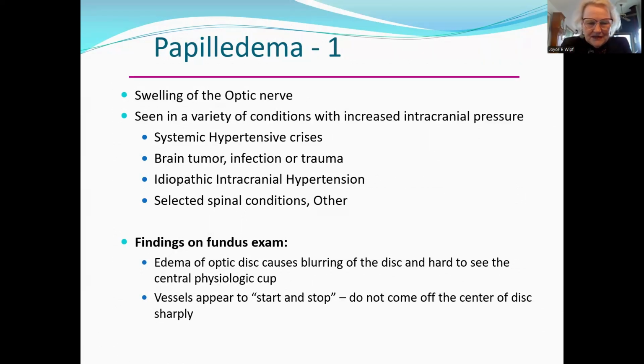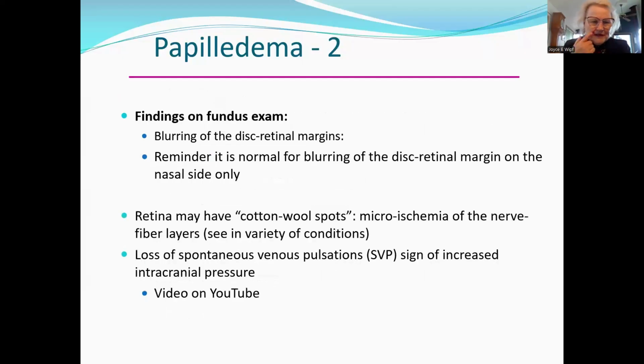Findings on fundus exam, edema of the optic disc, the blurring of the disc, hard to see the central physiologic cup. Vessels appear to start and stop, so they don't come off the center or adjacent as easily seen. And then I've already mentioned several of these things. The retina may have cotton wool spots with the microischemia of the nerve fiber layers.